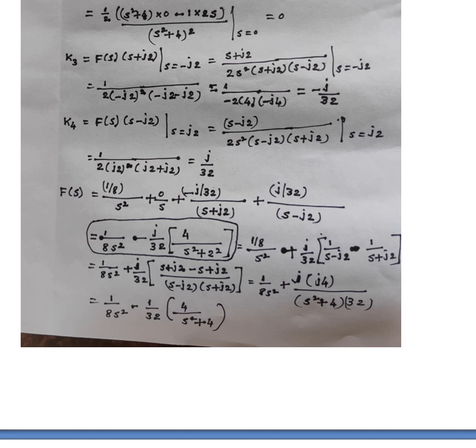So again, we can write 1 by 8 divided by s square plus, once you simplify it, s minus s gets cancelled. We get j4, divided by s square plus 4 into 32. So with further simplification, we get 1 by 8s square minus 1 by 32 into 4 divided by s square plus 4.